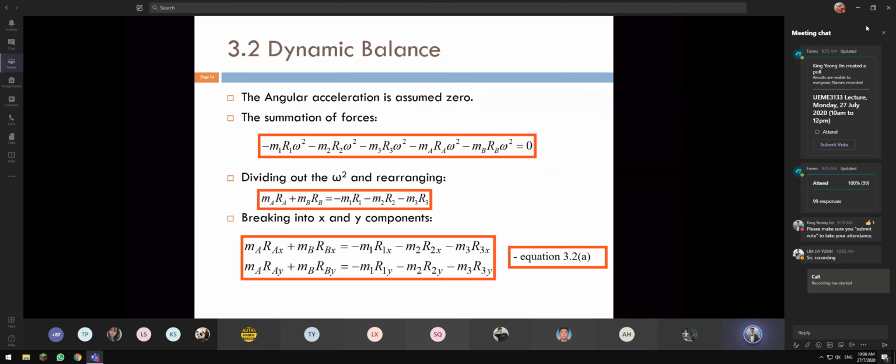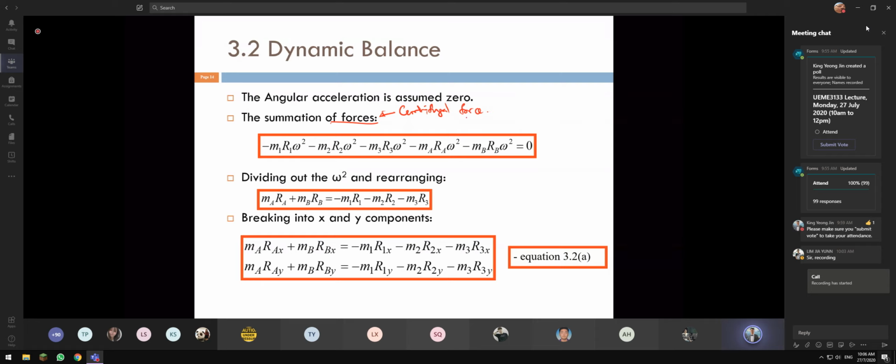So just a recall: for static balancing, we only need to fulfill this summation of force equal to 0 equation. Again, the force here refers to the centrifugal force, not the force caused by gravity. So this is centrifugal force.